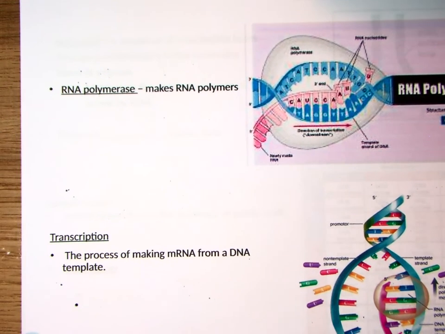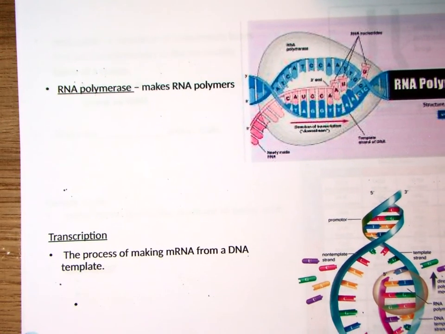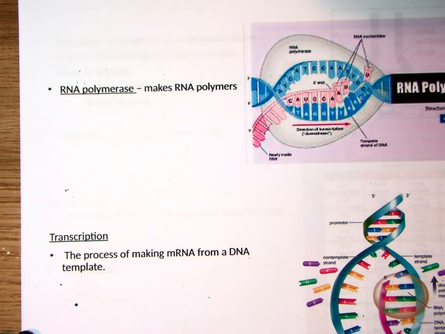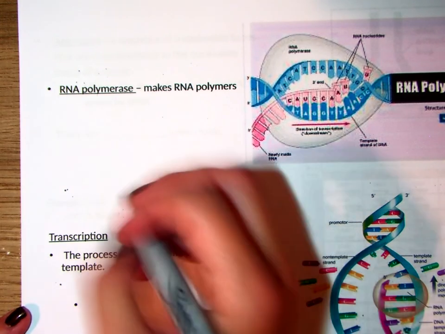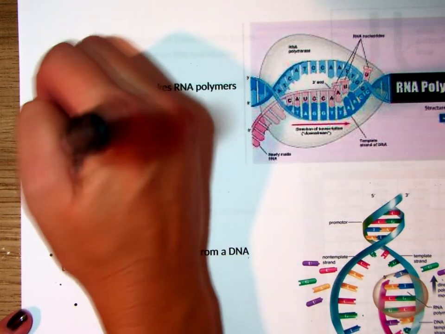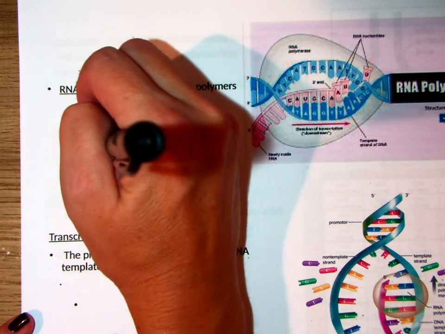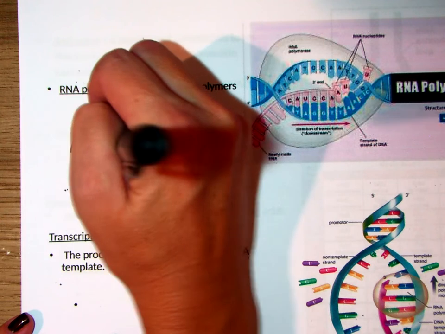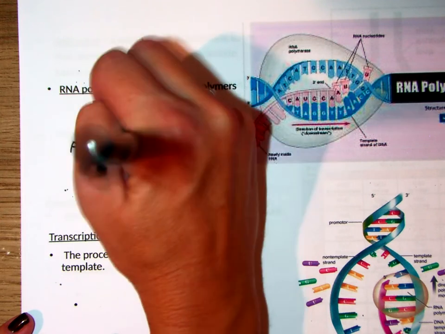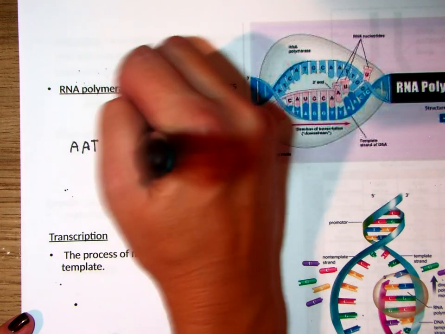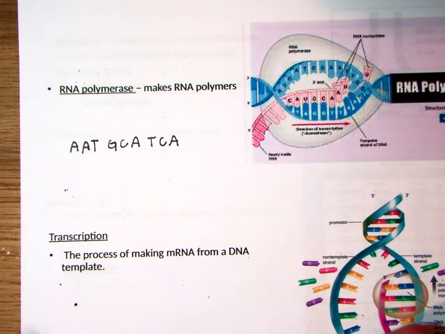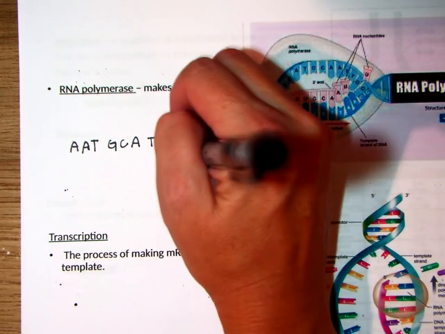And in a DNA sequence, with transcription, if we had a sequence of DNA, and I'm writing it in triplets for a reason that we'll see in a little bit. Let's say we had a sequence of DNA that looked like this. And we transcribed it.